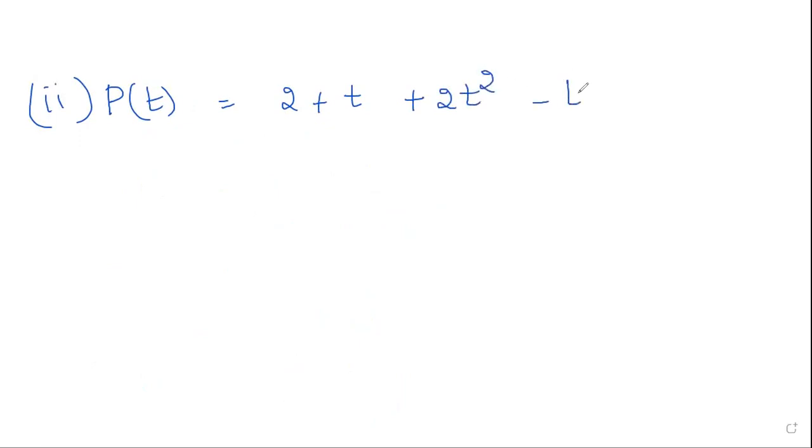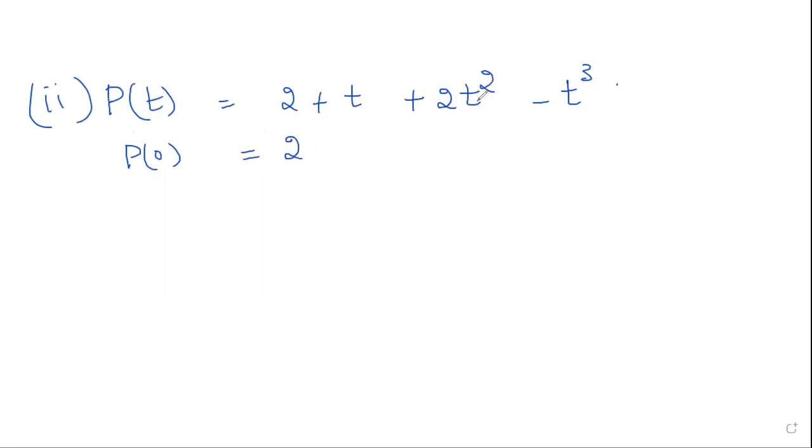And the next one, second one, P of t is equal to 2 plus t plus 2t square minus t cube. Okay, P of 0, that is equal to, so which is the variable here?